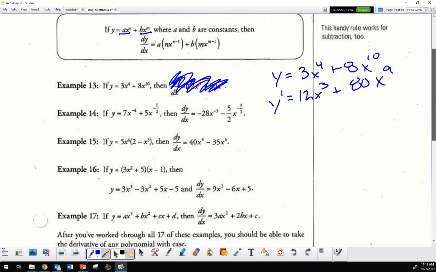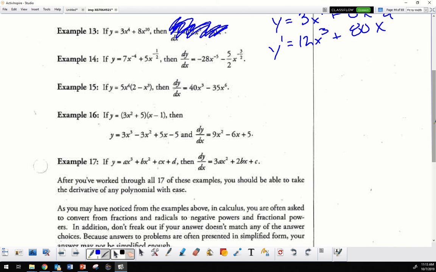Now, getting into some ugly stuff down here. So this problem right here gets into a couple different things. I could distribute that, but I've already taught you guys other ways of doing this, right? What would be the other way to do this one? The product rule. This is being multiplied.